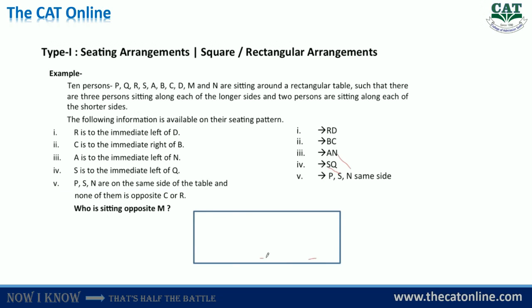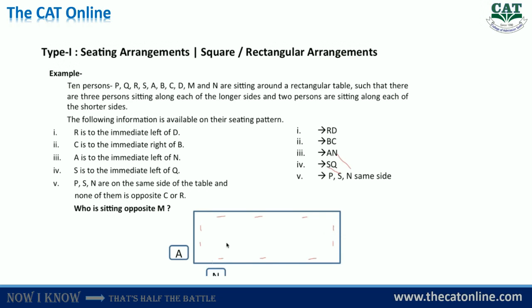If I mark 3 places over here, 3 places over here, and 2 places over here, N cannot come over here because then A has to come over here. So the best place that N could come would be over here. Then correspondingly A would be over here.